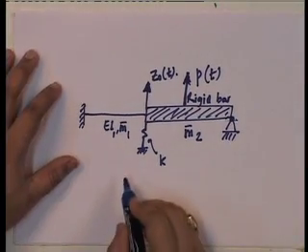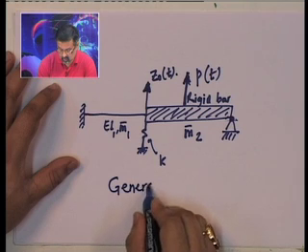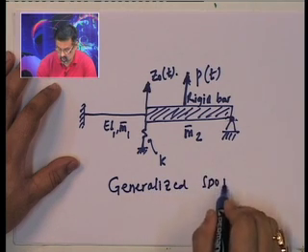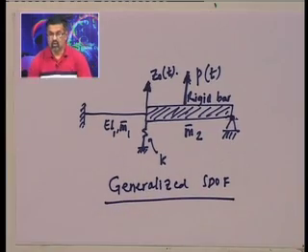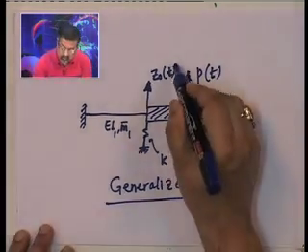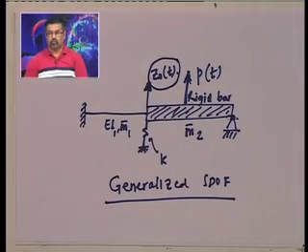Now, this is a generalized single degree of freedom, because I have defined this as my coordinate. Now, how would I solve this problem?